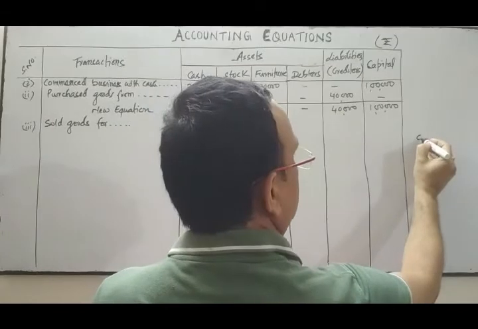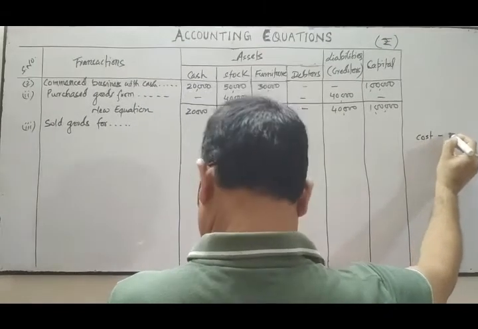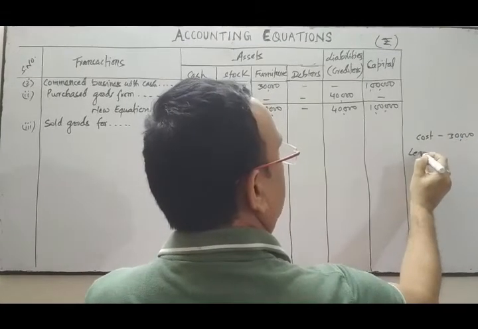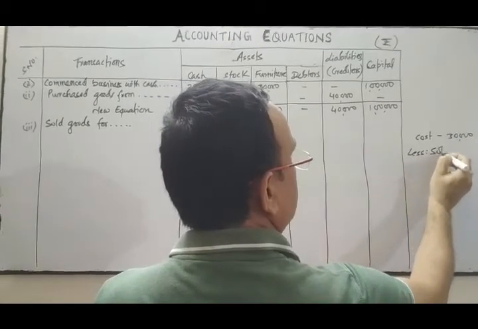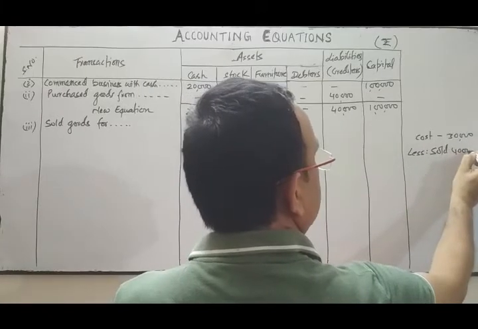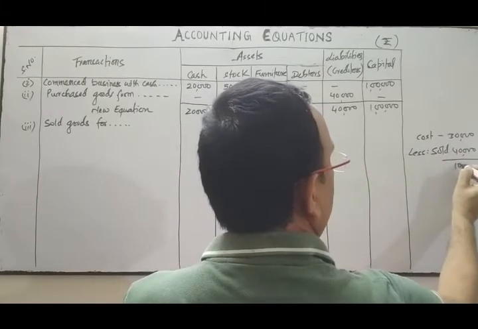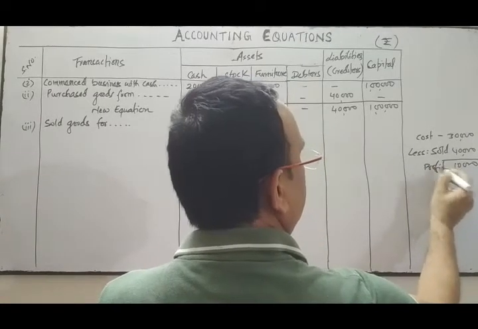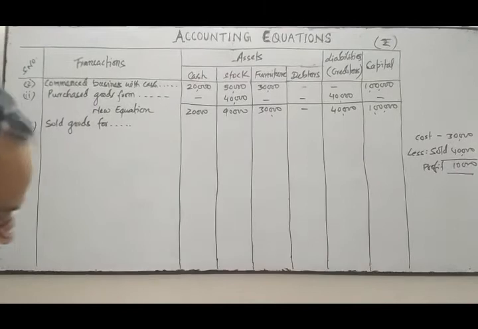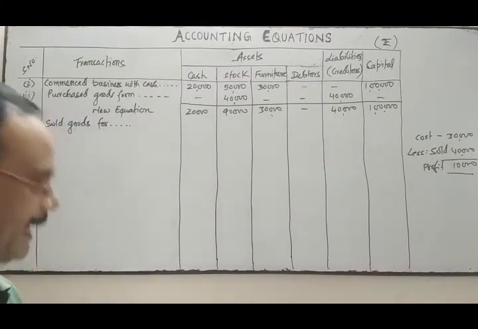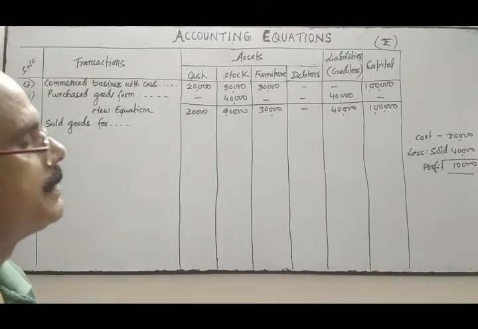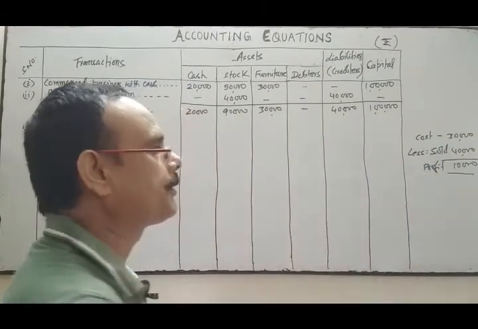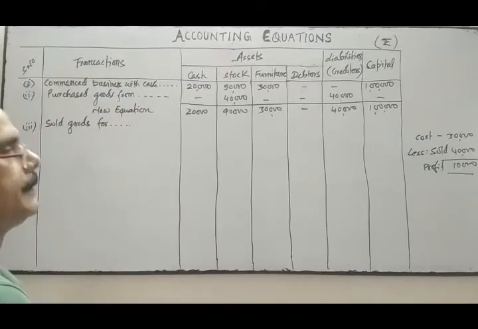Sold goods costing 30,000 for rupees 40,000. It means there is a profit of rupees 10,000. Sold goods for cash 40,000, cost of that goods is 30, it means the business earned a profit of rupees 10,000.